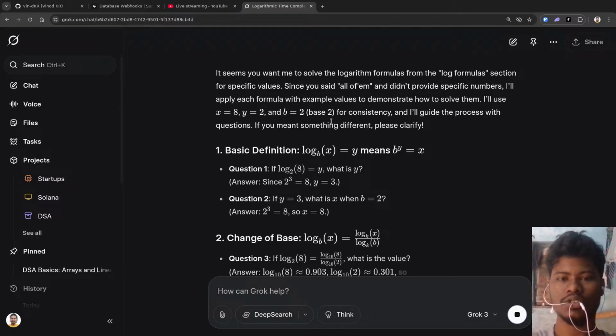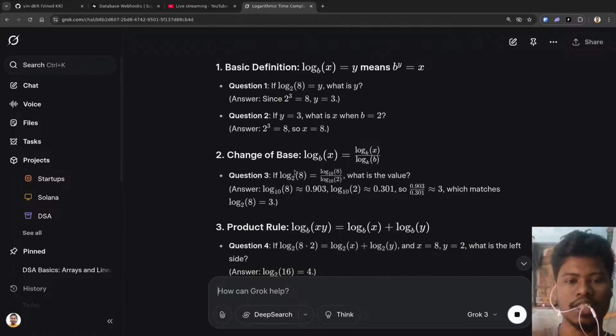Now change the base with log 2, then log 10. What's the value? Now log 10 of 8 is this, and log 10 of 2 is 0.3. Which means 3, and which matches this.